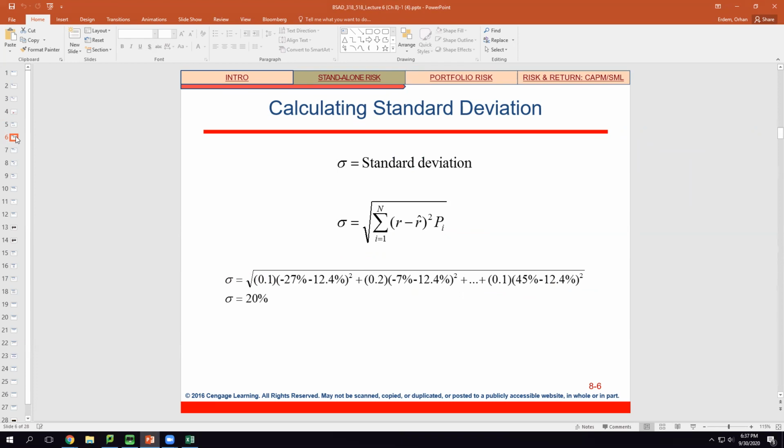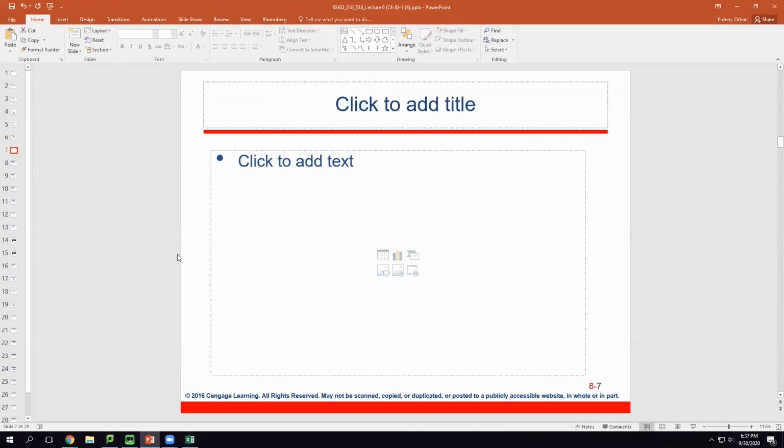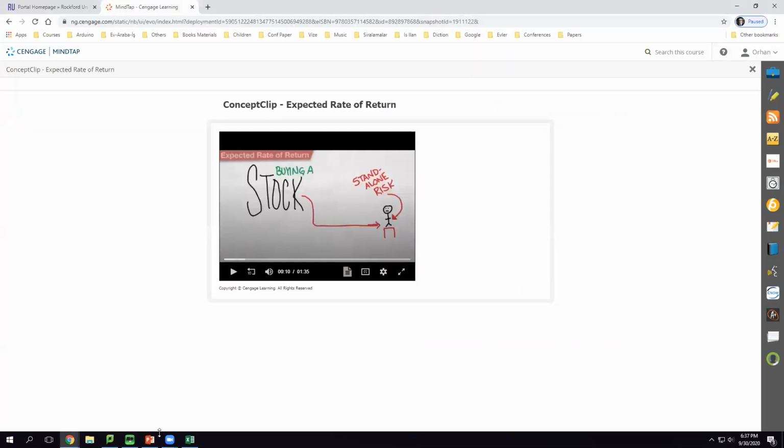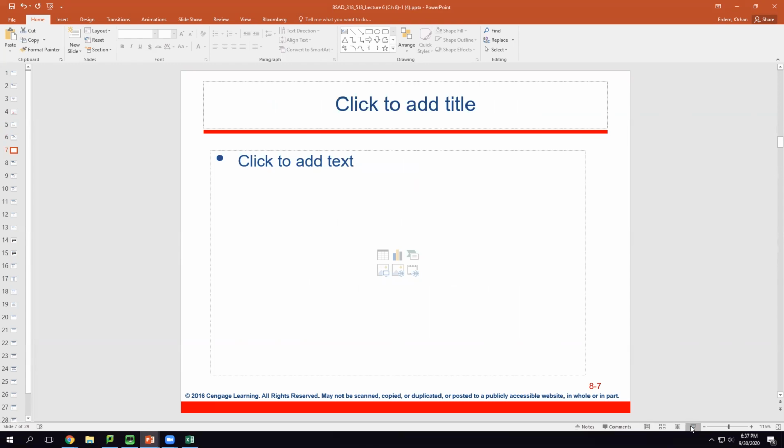The idea is that standard deviation measures how much the stock deviates from the mean on average. Let me give a visual example here. Assume there are two stocks, stock A and stock B. Stock A's price is somewhere like this.